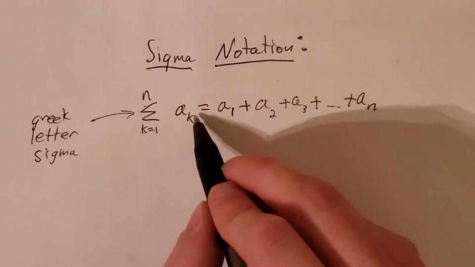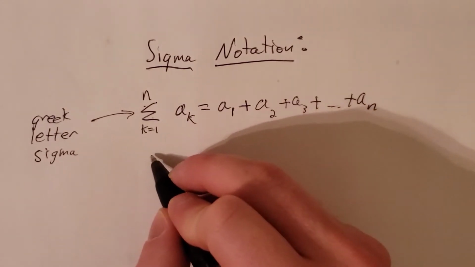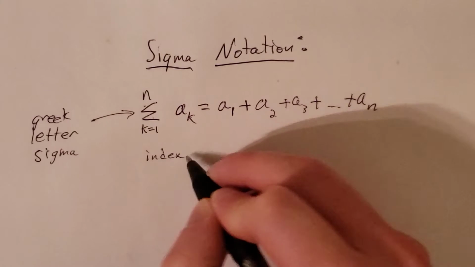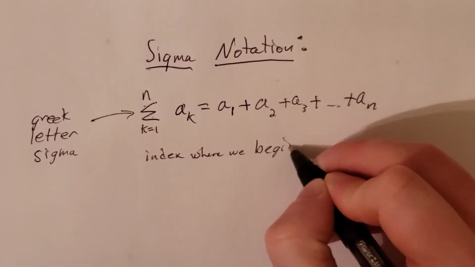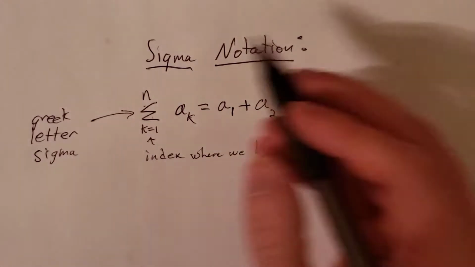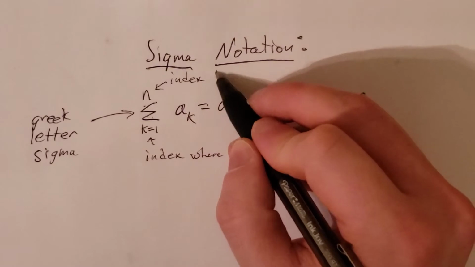And so this right here is our sigma notation where we have the Greek letter sigma. Again, down below we have the index where we begin. The n is in the place where we have the index that we end with.